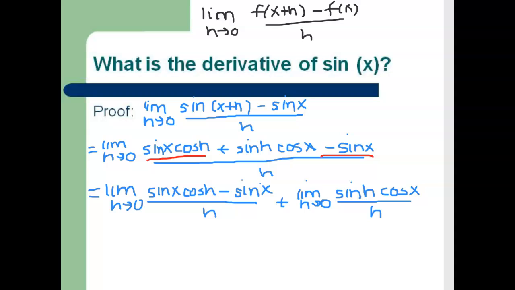Remember, a limit can be added where you can put the plus sign between multiple limits. If you didn't put your limit in front of there, that's okay.